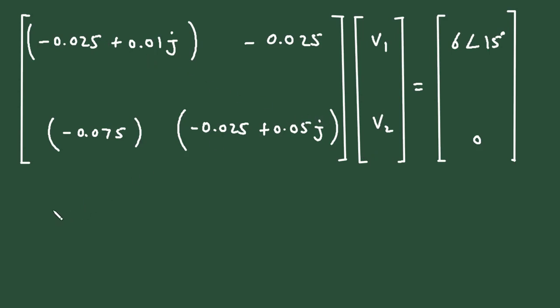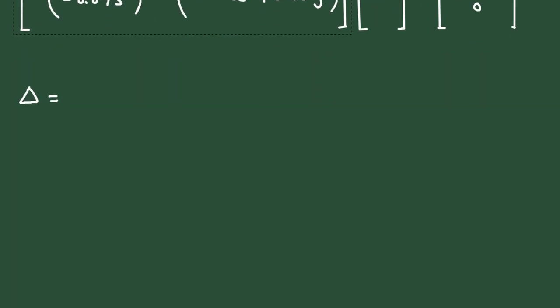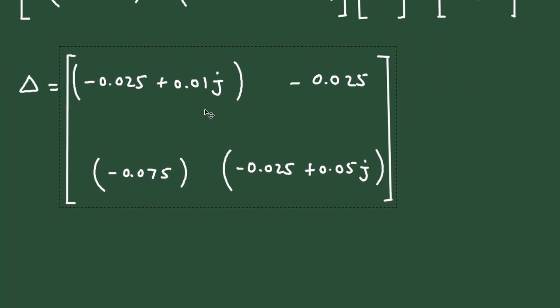Now let's find the value of delta. So delta is equal to, we have to take the determinant of this matrix. So this is the determinant. So this into this minus this into this.